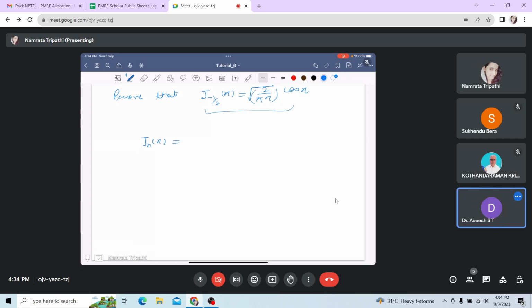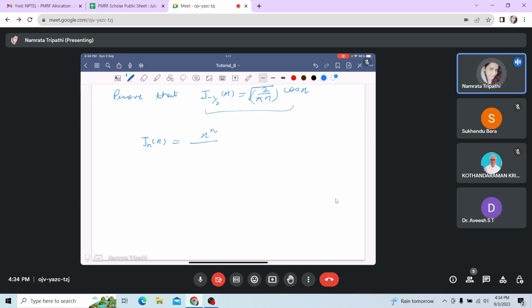Summation from r equals 0 to infinity of minus 1 to the power r, x by 2 to the power n plus 2r, 1 by gamma of n plus r plus 1 into r factorial. Yes.